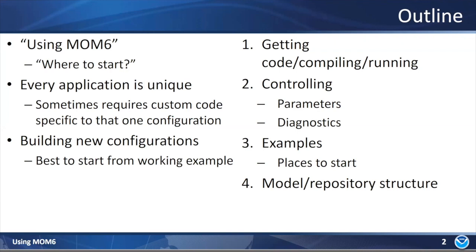So just briefly, I'll talk about how to get the code and how to use the code in terms of controlling it and looking at it. I'll give a few examples of good places to start, which are somewhat well documented, better than no documentation at least. And then a few final comments on how things are set up and how they work from an open source point of view.